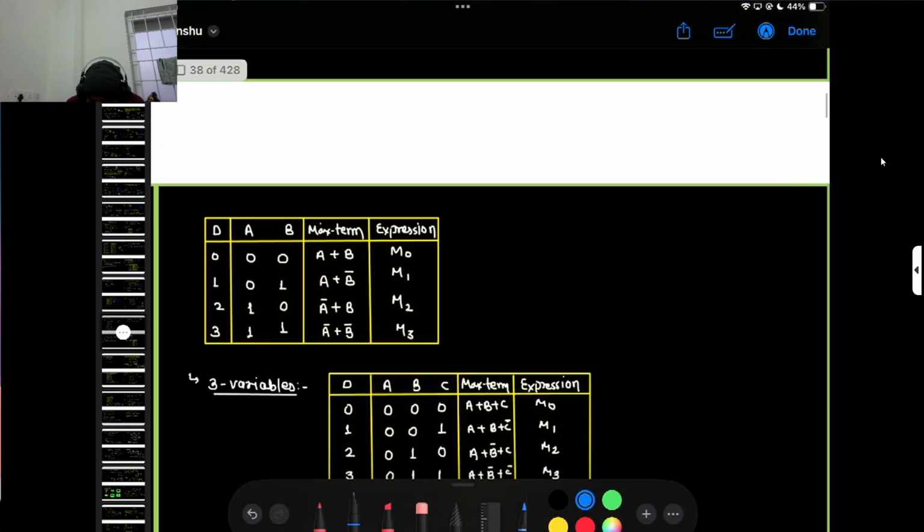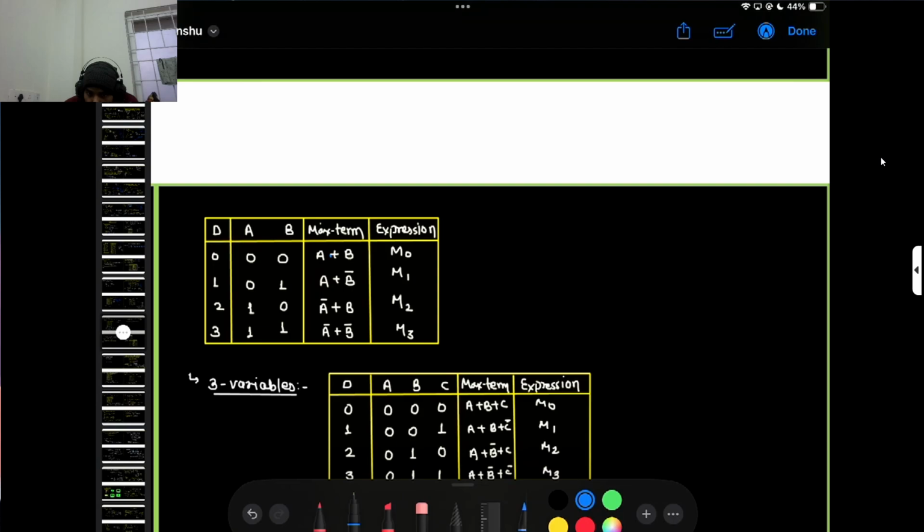Here we can see if both are 0, like A 0 and B 0, then it would be written as A or B. So this is my max term. And also 0 1, it is A plus B bar. So it's a complemented form, but the difference is that previously in min term we multiplied, and now it's OR, and previously we used the AND operation, and here it is OR operation.